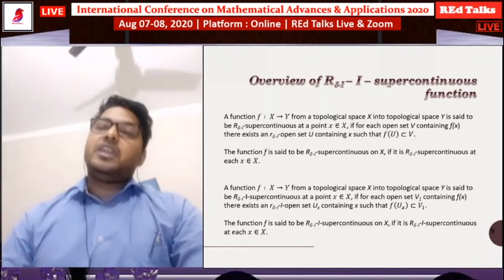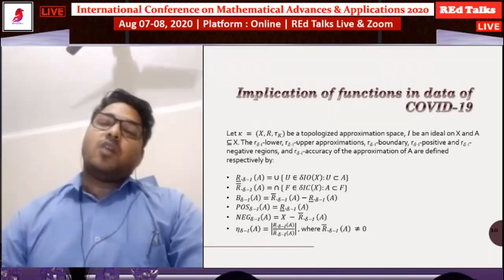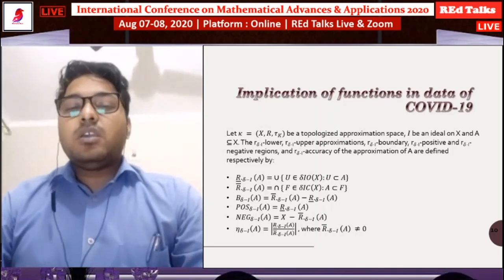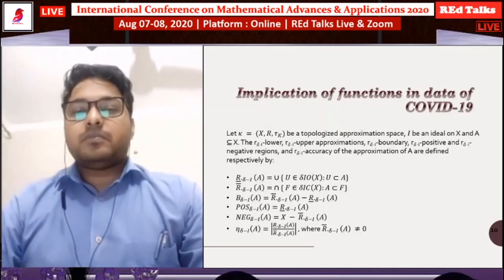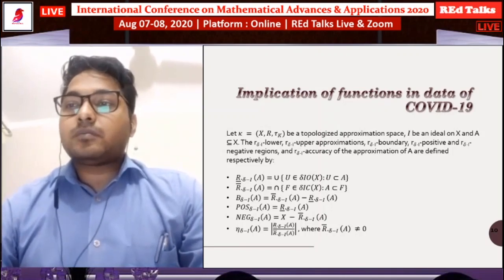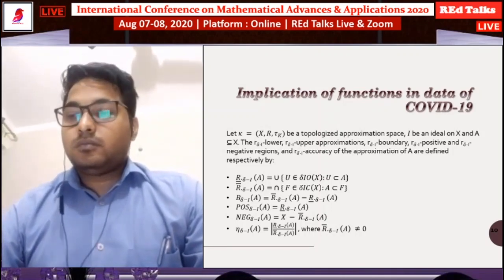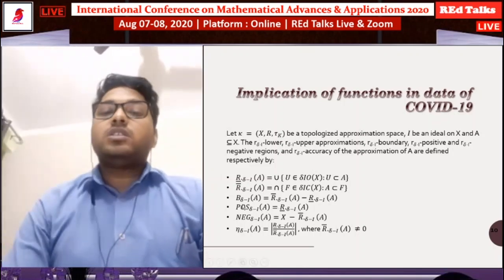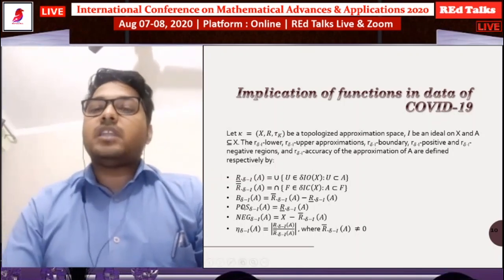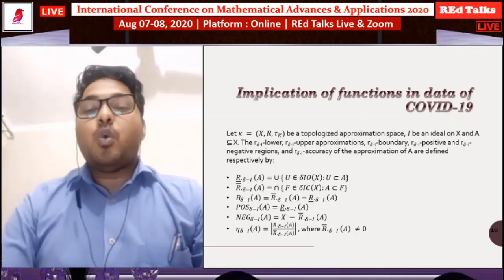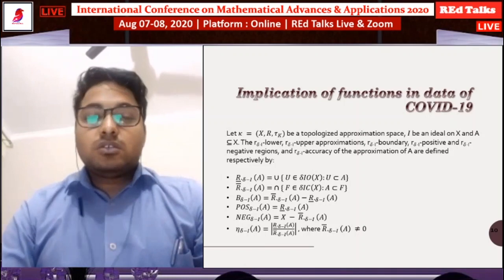Now, the implication of functions in data of COVID-19. Basically, we check the accuracy of the data just to verify how much the data is relevant and how much data is true. We have checked with the help of these new open sets which we have defined.